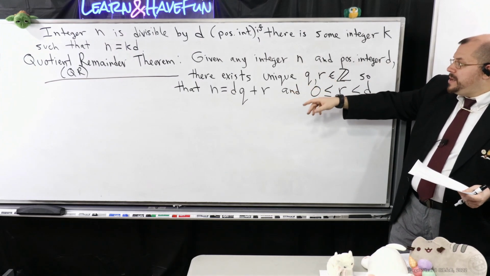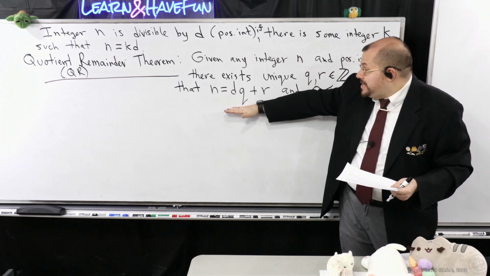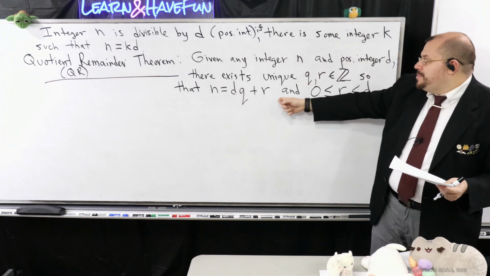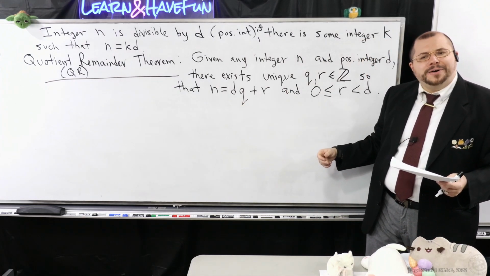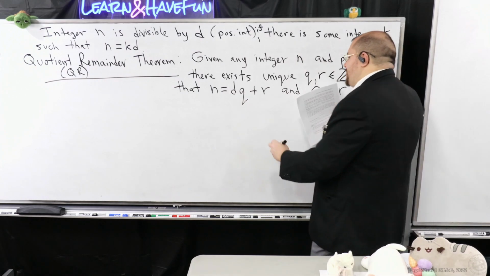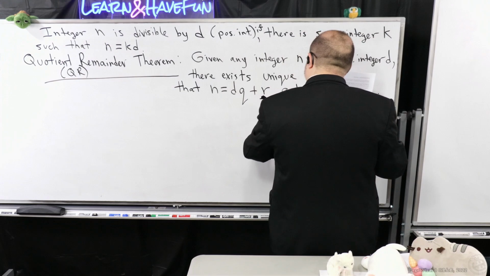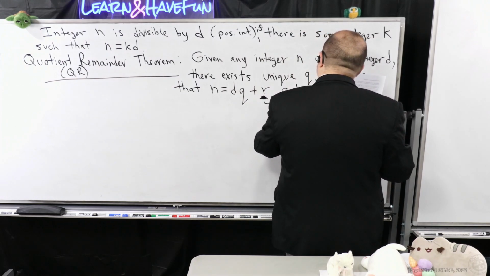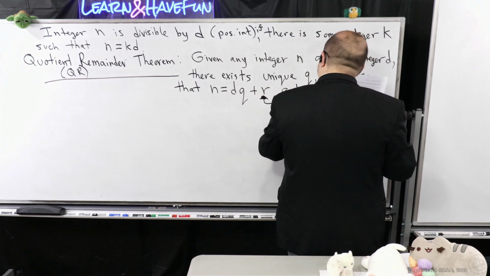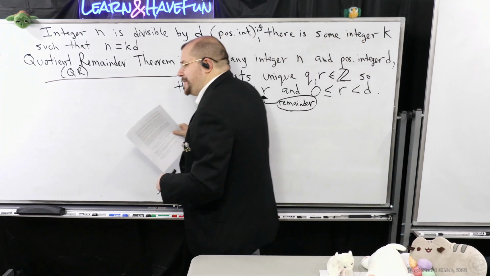So n is going to be some multiple of d plus something called r. I gave it that name explicitly because this is the remainder. That's the part that's going to be important for us today. So we call that the remainder.